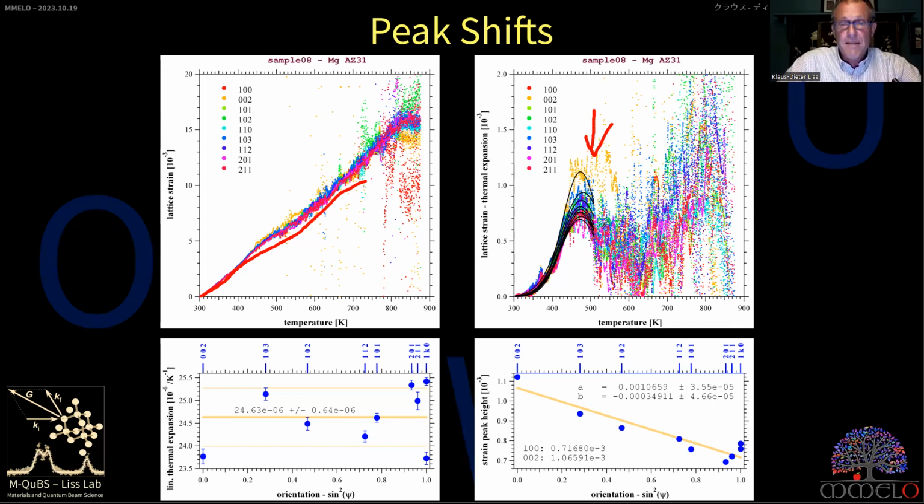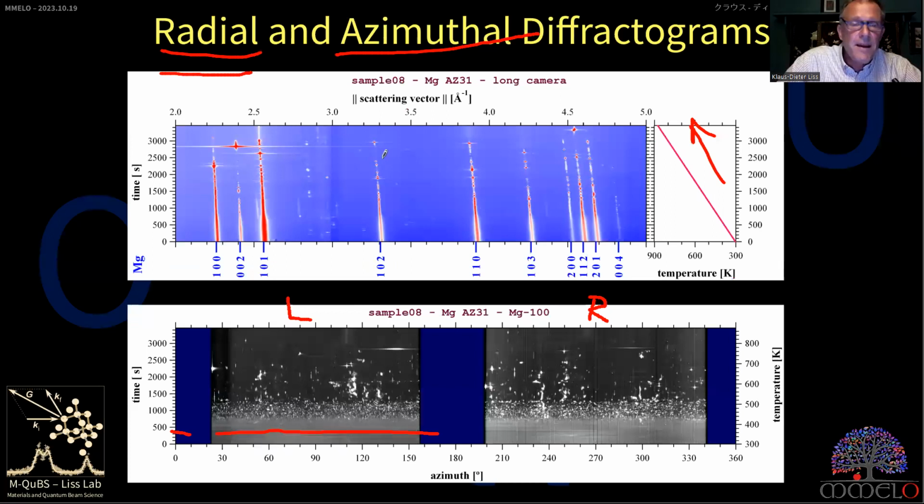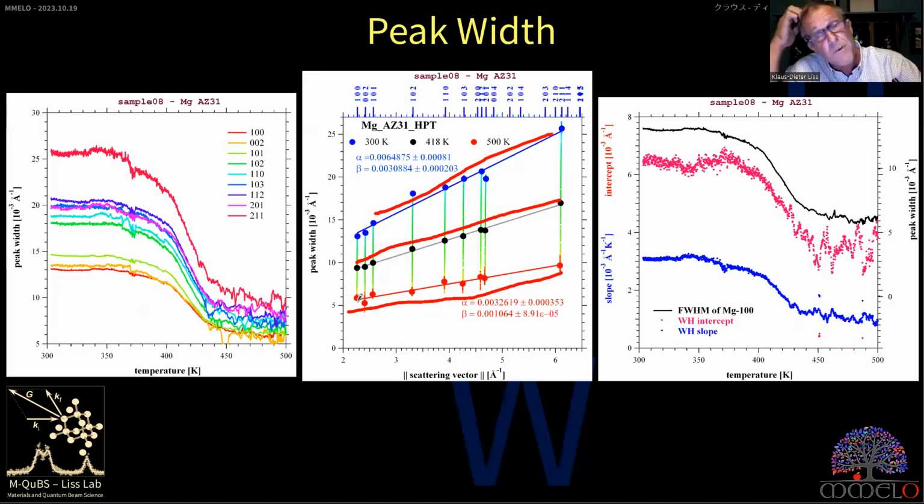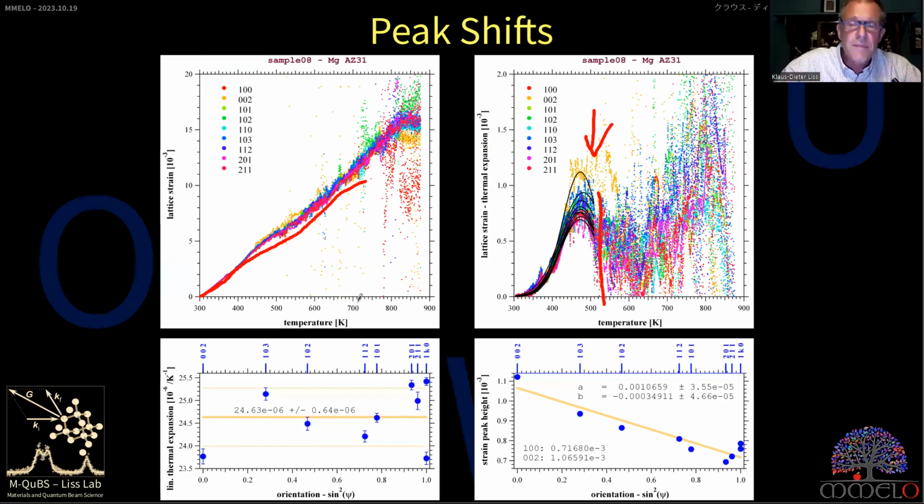Above 500-something Kelvin, the grain statistics become poor, so we cannot fit the peaks very well anymore, as we have seen. You see areas where peaks are missing, because of bad grain statistics. So we can only do that up to 500 Kelvin, but that's enough.